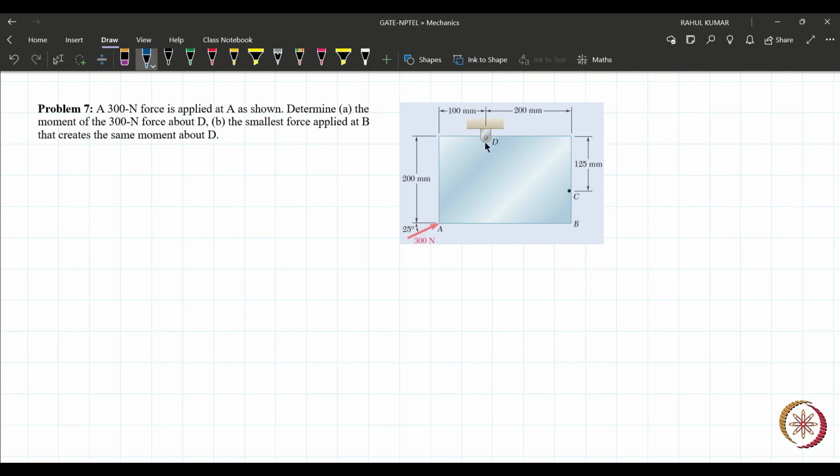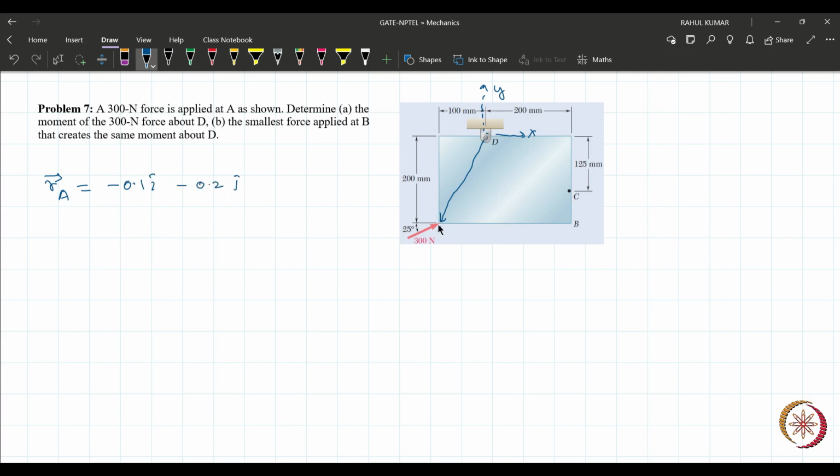What is the position vector? If we put coordinate axes like this, x and y, then what will be the position vector? Minus 0.1 i cap, it is also negative, minus 0.2 j cap, right?